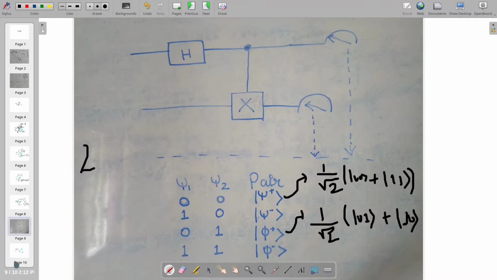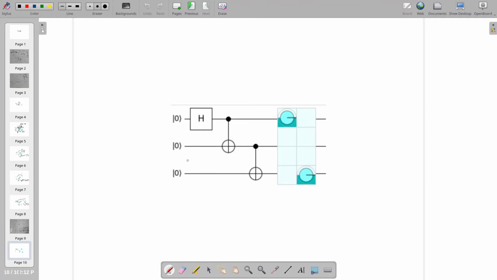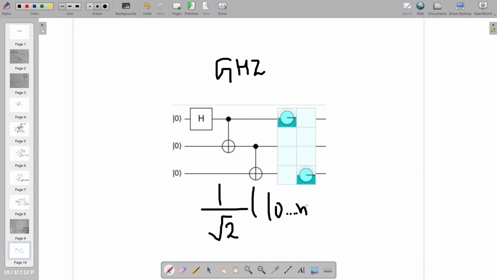We can further move the discussion to another special state known as the GHZ state. It basically gives an output of this form: 1 by under root 2 (0 dot dot dot n times 0 plus 1 dot dot dot n times 1).